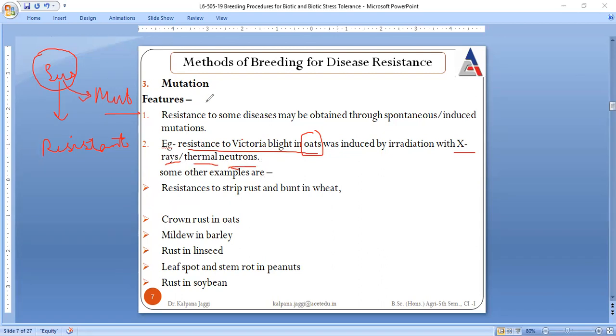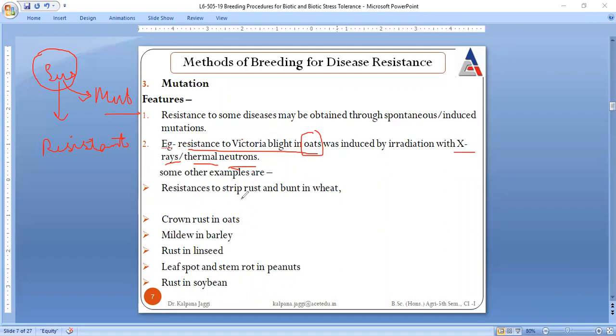So in mutation, any variety that is susceptible to the disease is exposed to mutagens, such as X-rays or any other source of mutagen. Basically, mutation can be of two kinds: either spontaneous, that is taking place naturally, or it can be induced also.